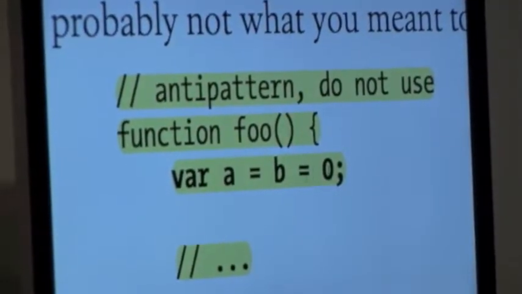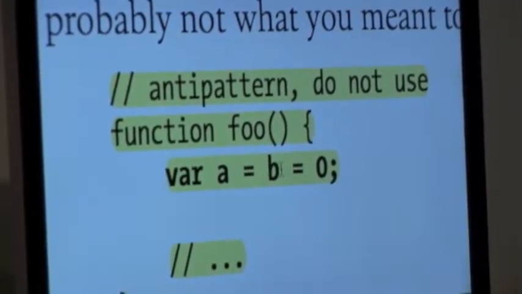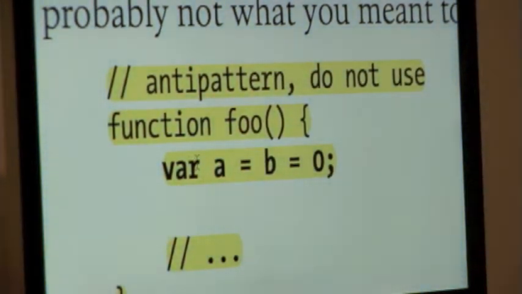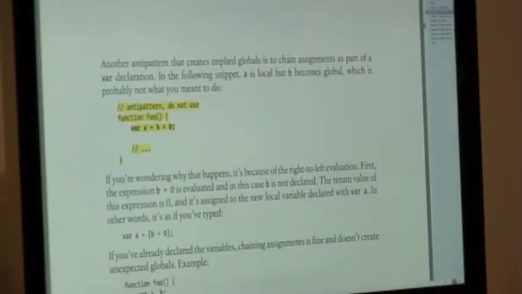Var a equals b equals 0. b is actually a global in this situation, because JavaScript puts this equation together right to left. So it first looks at b equals 0 and decides, oh, b is global, and then it sets a equal to the global b. So don't do that either.